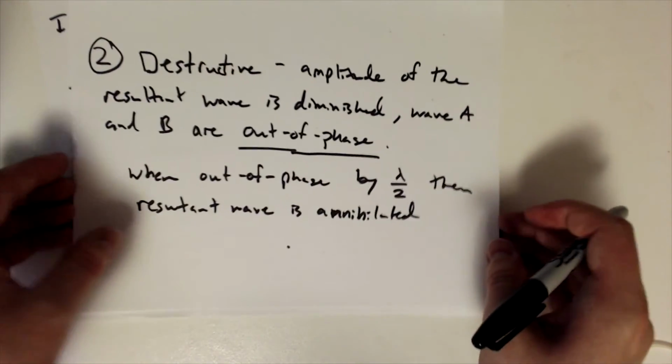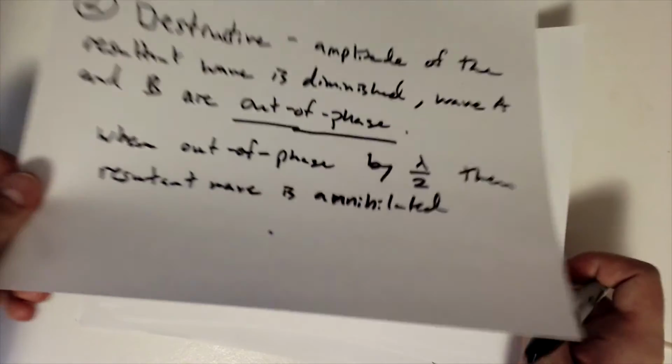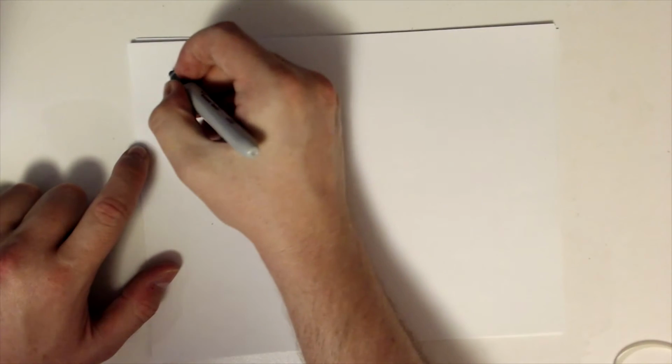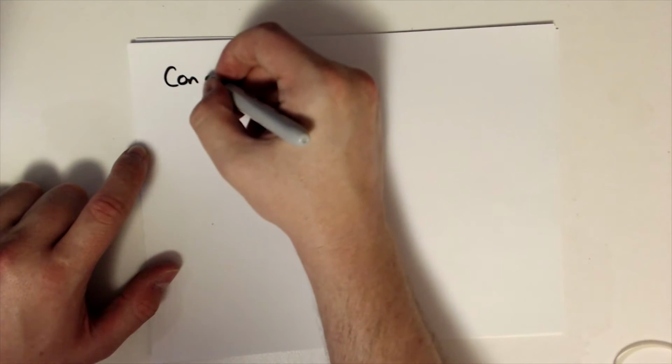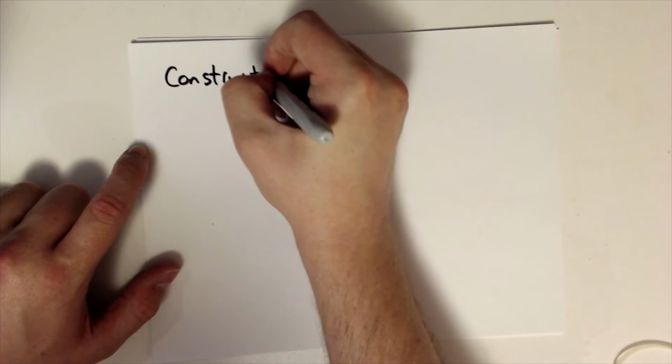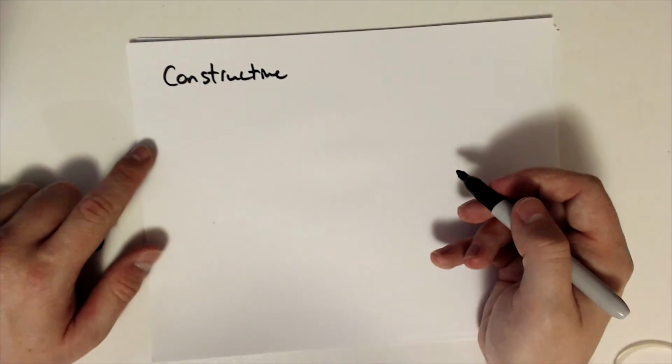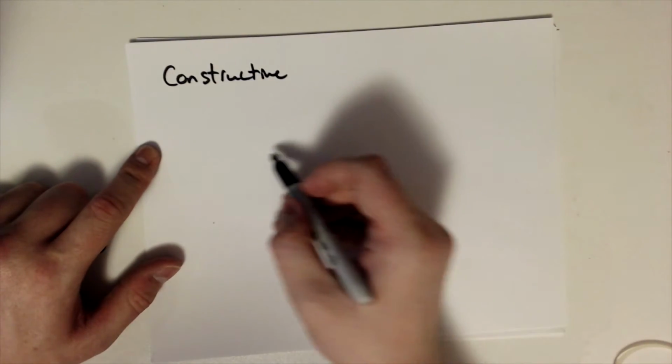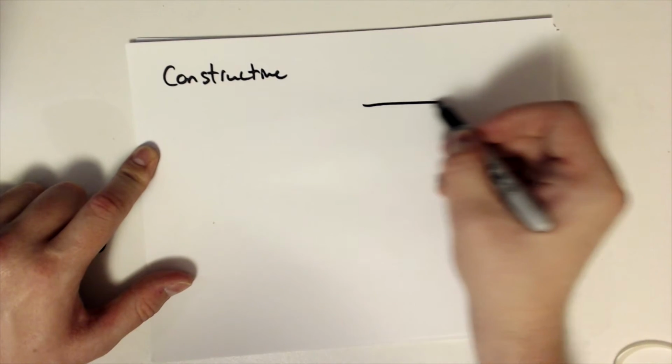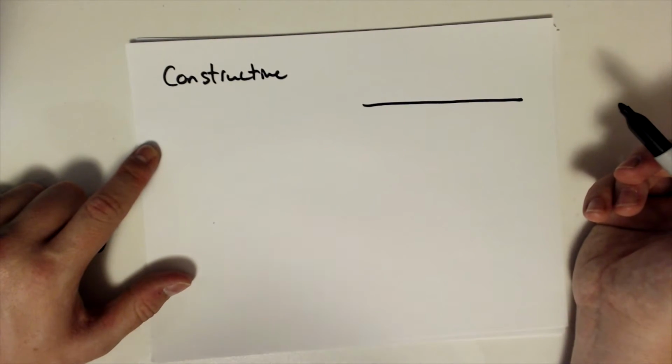Let's take a look at what this looks like when we're looking at these waves. For constructive, we'll start with that. Again, we think about A and B, on an x-axis.